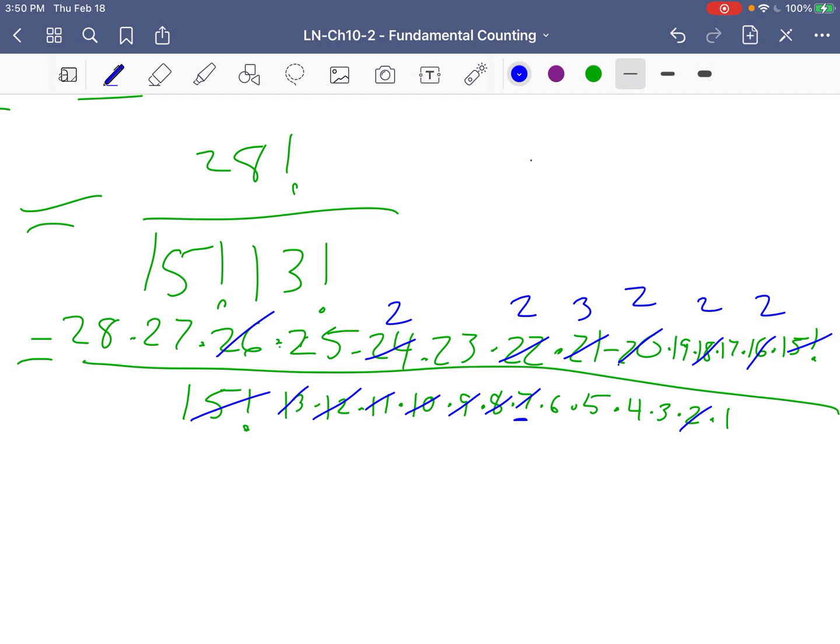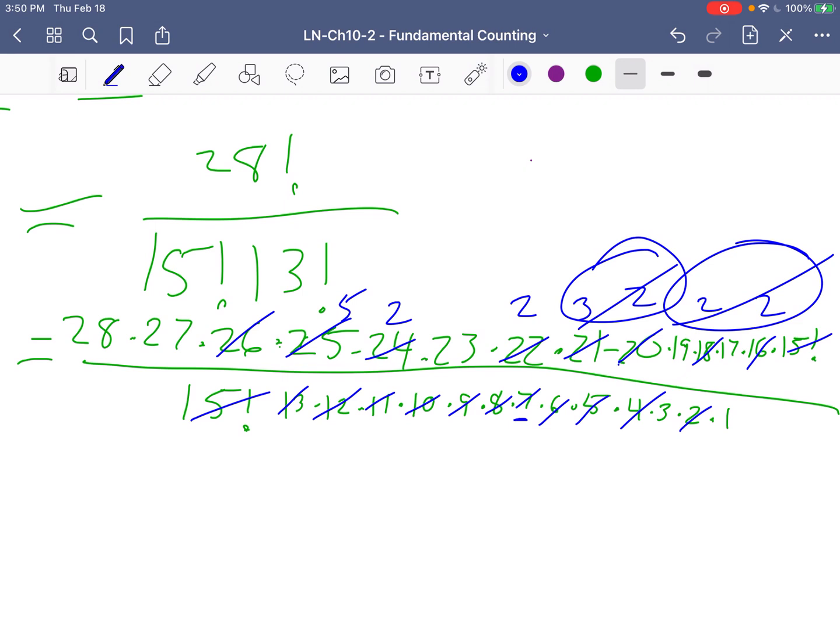6, what does 6 go into? Well, we could group together a 2 times 3, which is 6, and so that will cancel. 5 goes into 25 5 times. 4, we can group together two 2s and cancel them with a 4. And then we have a 3.